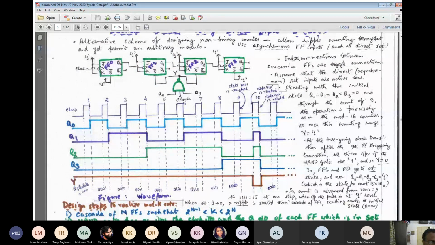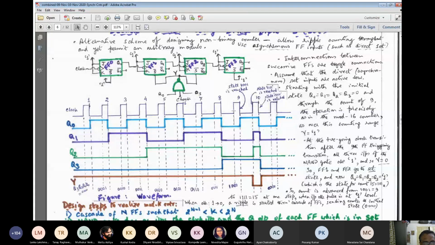Why is it so? As we can see here, the direct asynchronous set inputs are active low, starting with the initial state Q0 equal to Q1 equal to Q2 equal to Q3 equal to 0. Through the count of 9, that is 1, 0, 0, 0, all the 9 states have appeared. After that, what happened?